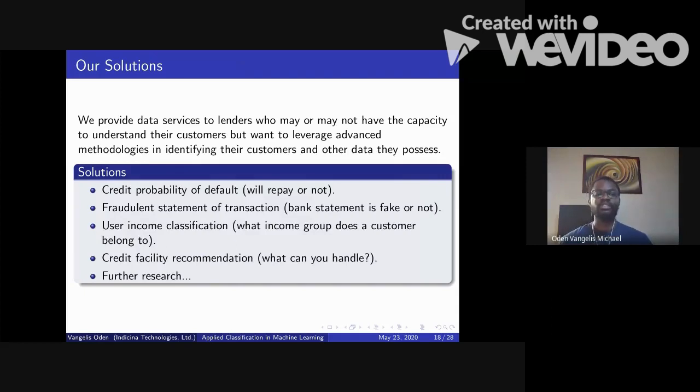Then we have fraudulent statement of transactions, where users upload fake bank statements or wrong bank statements so that they can try to game our systems and collect a loan and disappear. And now we're fairly good at finding them. So you think you're going to come and defraud the bank or whoever our lender is, and the lender cries to us and is like, no, I need help.